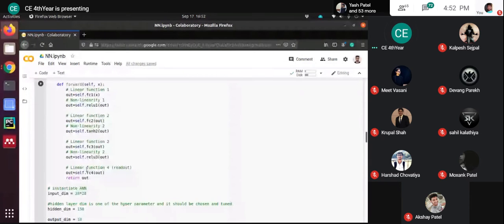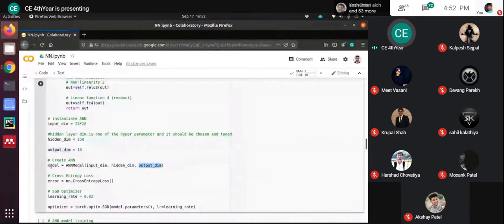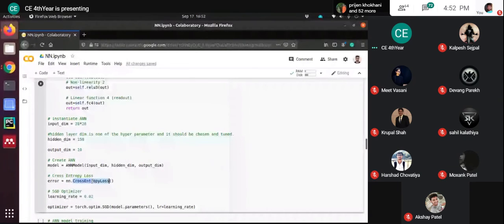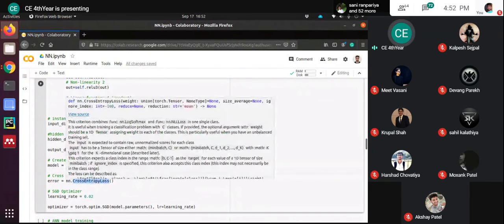And as loss, we'll use cross entropy loss. What do you mean by cross entropy loss? Once again, the function is available, so no need to redesign it. So can you recall what was the meaning of cross entropy loss?